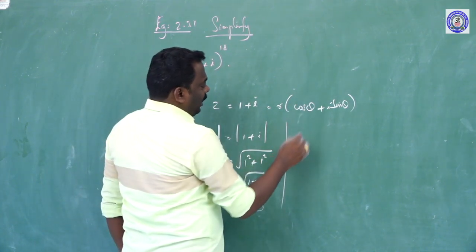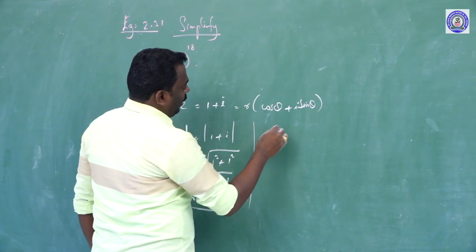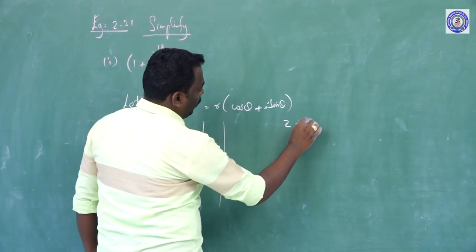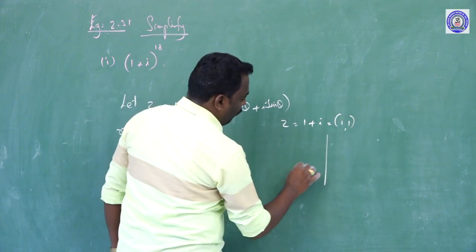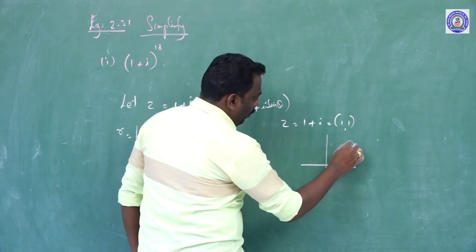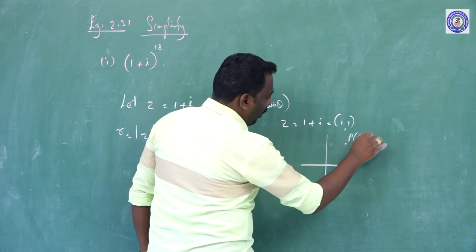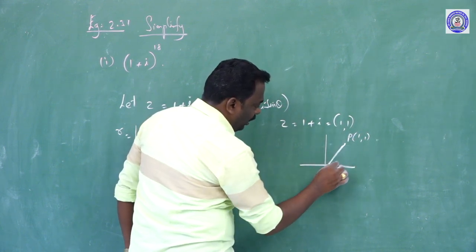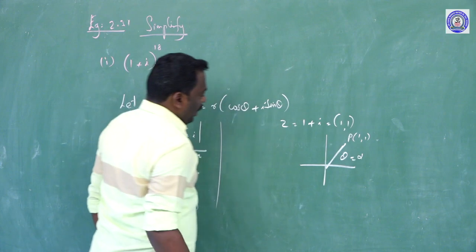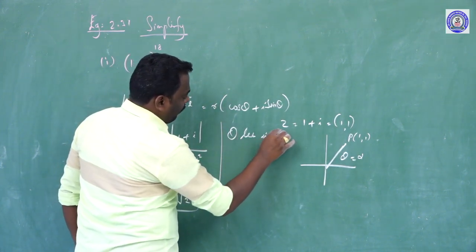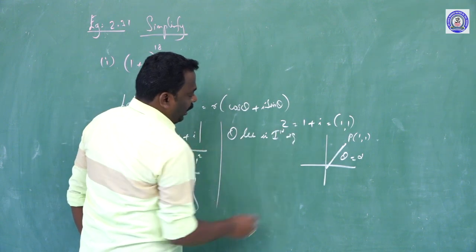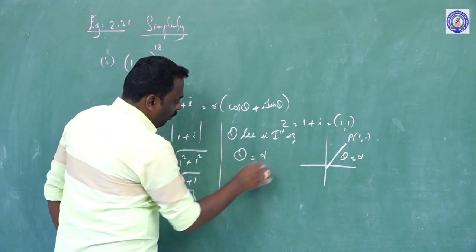Then find out the theta value. Here, z equals 1 plus i, which is the point (1, 1). The point (1, 1) lies in the first quadrant, therefore theta equals alpha.